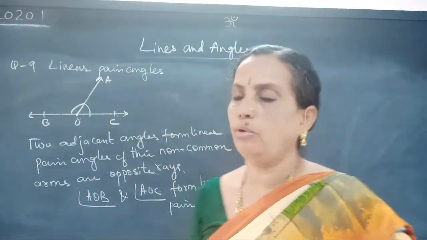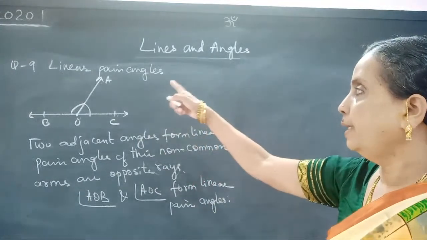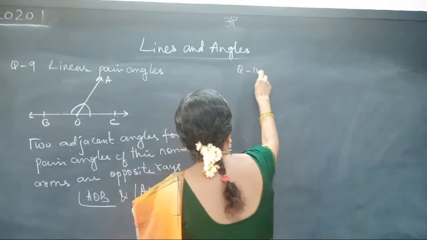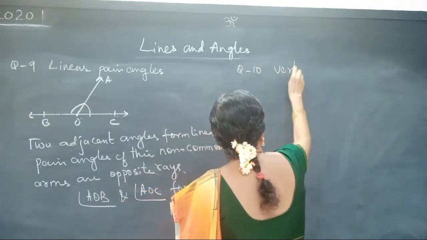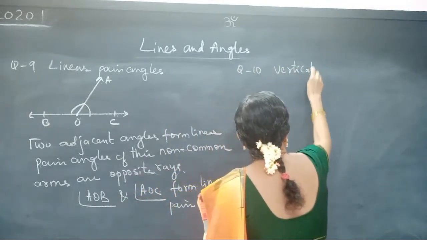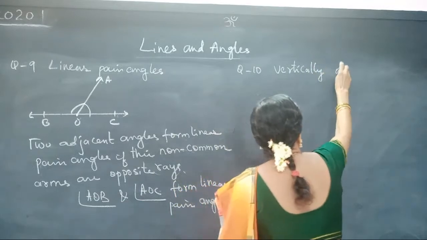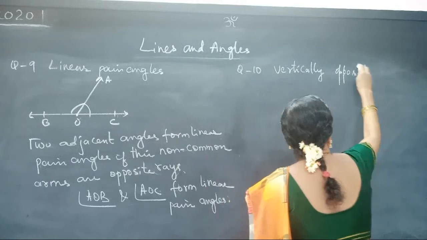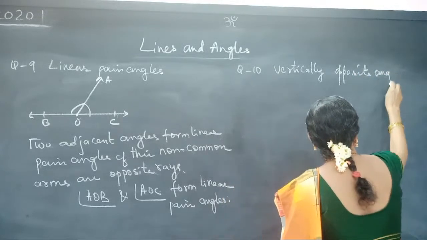After linear pair angles, we move on to the next: vertically opposite angles.